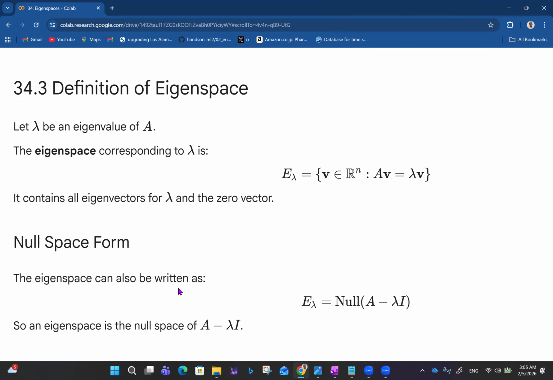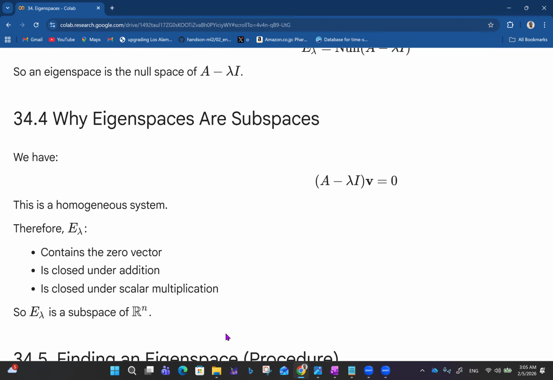The eigenspace can also be written as E lambda, which is the null space of A minus lambda I. We've talked about null space the other time, where we had AX equals 0. So the eigenspace is the null space of A minus lambda I.